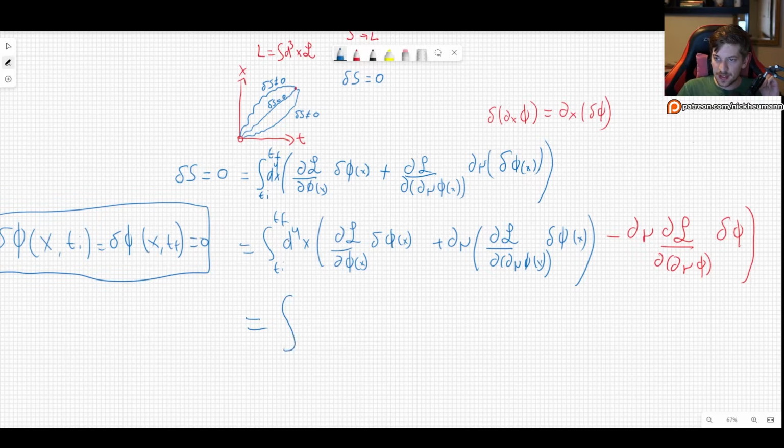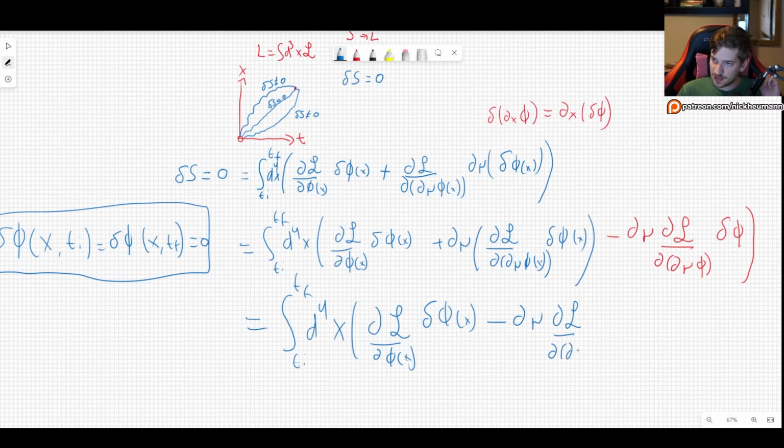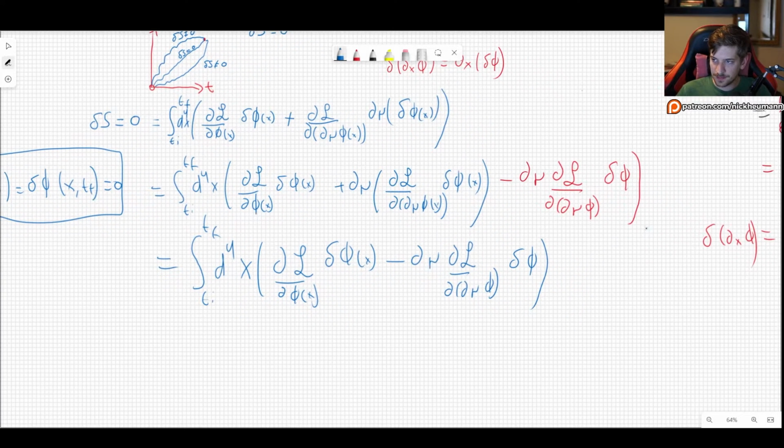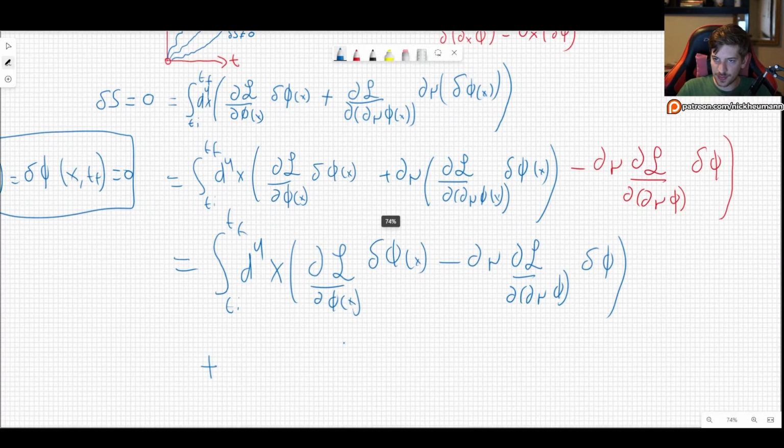We'll have the integral from ti to tf, d4x of the derivative of the Lagrangian with respect to phi of x, times the variation of the field, minus d mu of the derivative of the Lagrangian with respect to d mu phi, variation of the field. And then we still have the other integral. So maybe I'll just write it down here, so that we don't run into the other things that we have been doing.